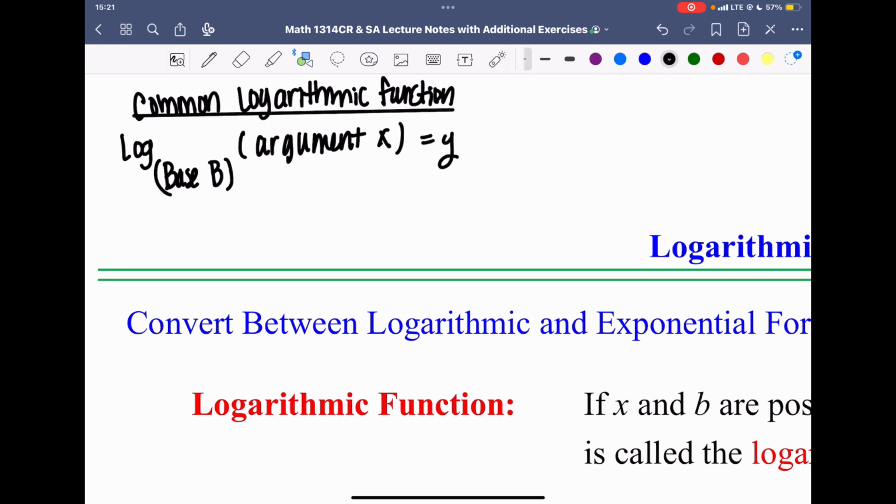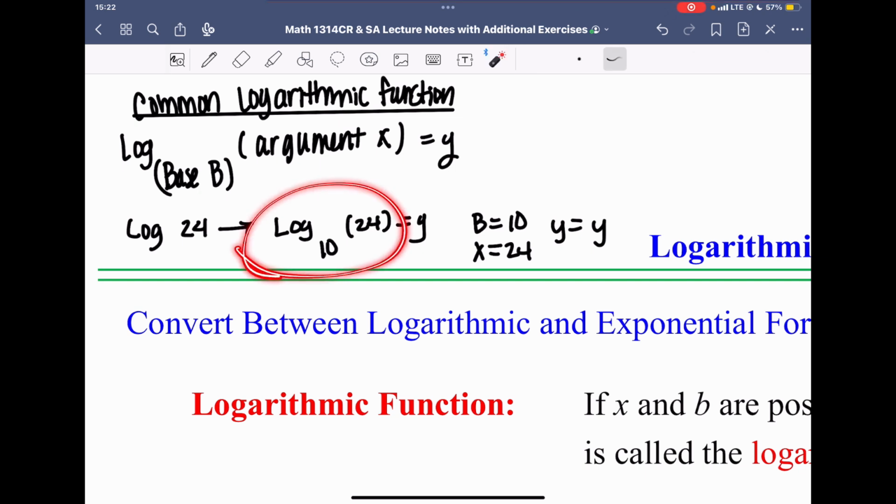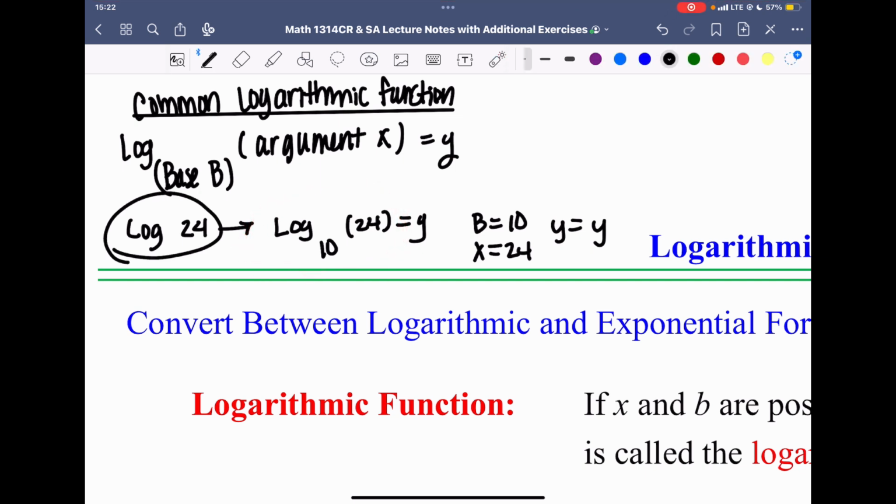And then, just so you know, if you don't have a base and it's like log 24, we're saying that we have log base 10 argument 24 equals y. So if we represent our variables here, b equals 10, x equals 24, and y would equal y. You would evaluate this with just a log 24.